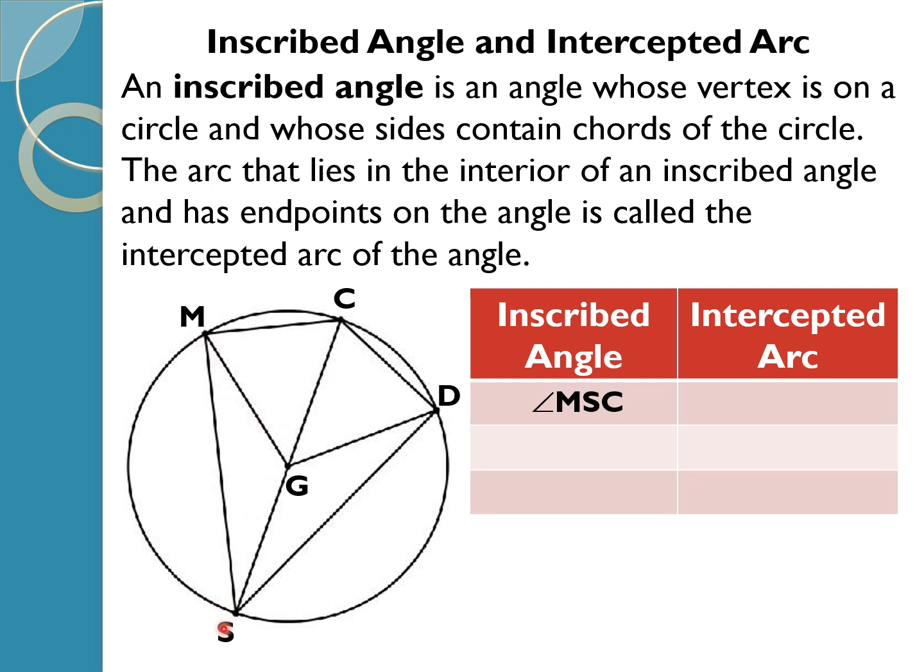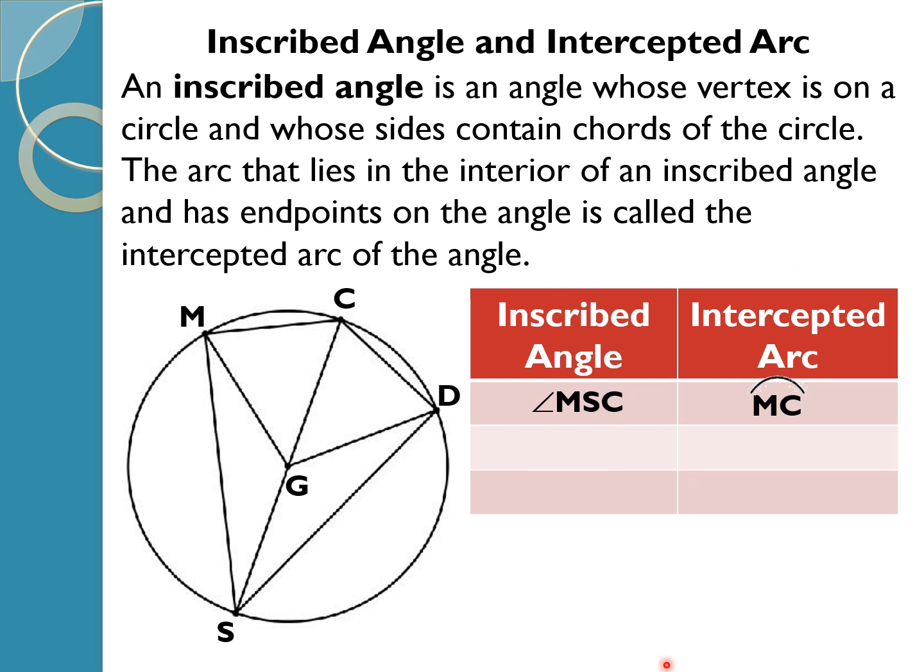Angle MSC is an inscribed angle wherein the vertex of the angle is located on the circle, which is point S. And its intercepted arc is arc MC.